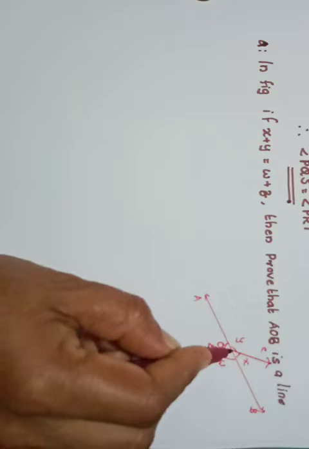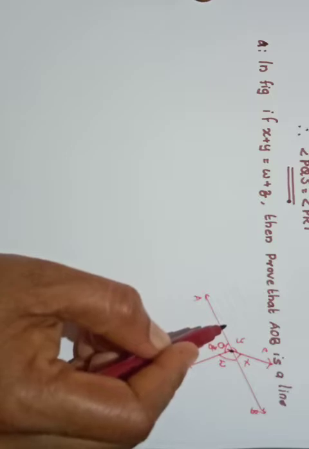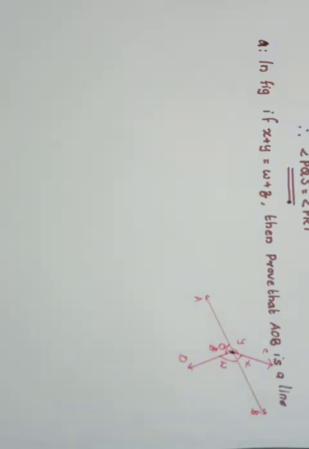If angle AOB is 180 degree, is this a straight angle? Yes. So instead of proving AOB is a line, what we can prove? Angle AOB is 180 degree, or AOB is a straight angle, which means it is a line.